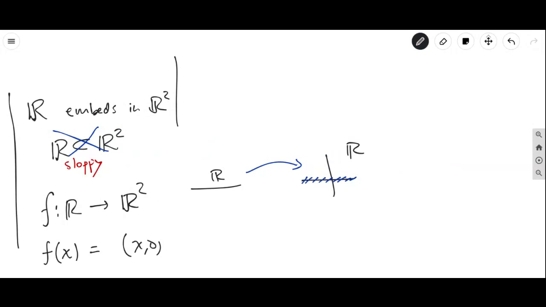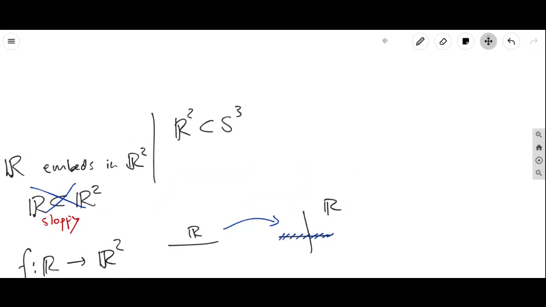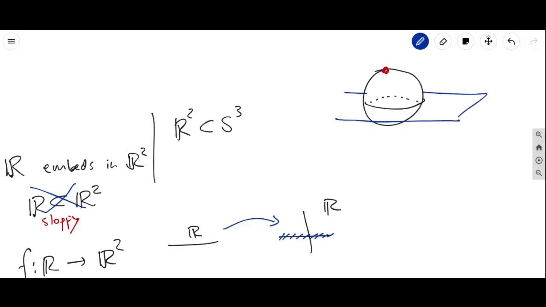This one is used quite a lot, and this is the embedding of R2 in S3. You actually had something like this on the homework. The idea is that this is the sphere, this is the North Pole, right? This is the North Pole. Here you have your plane.